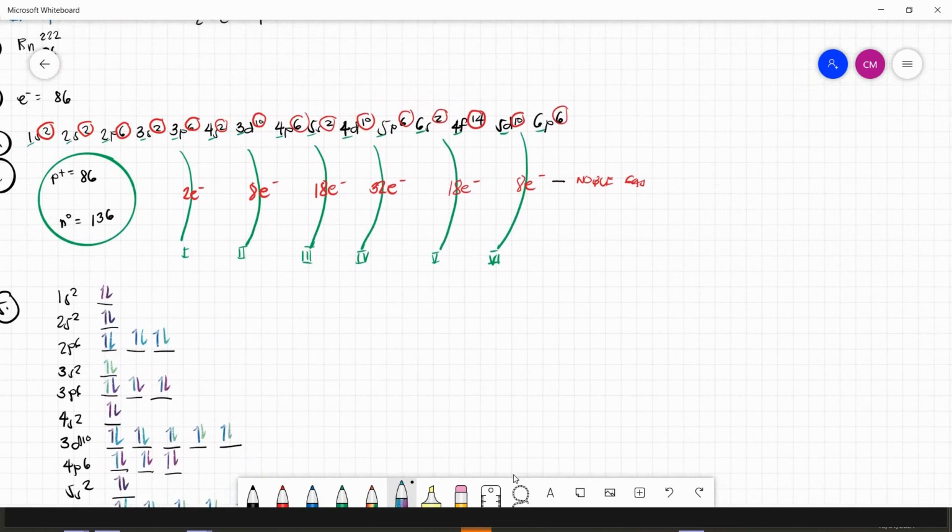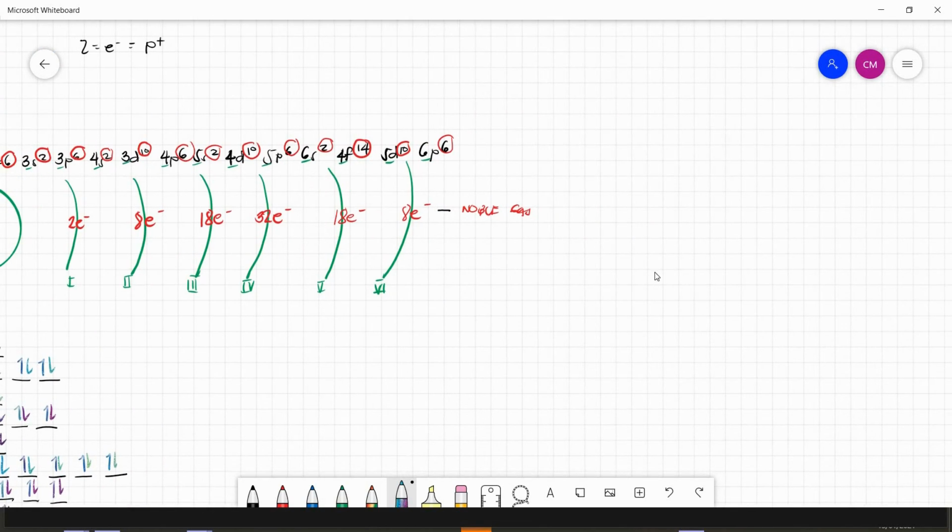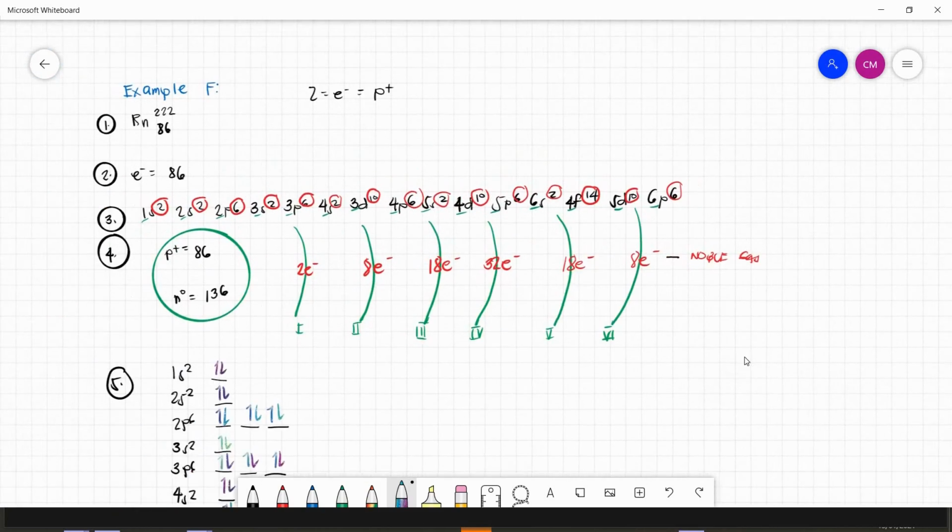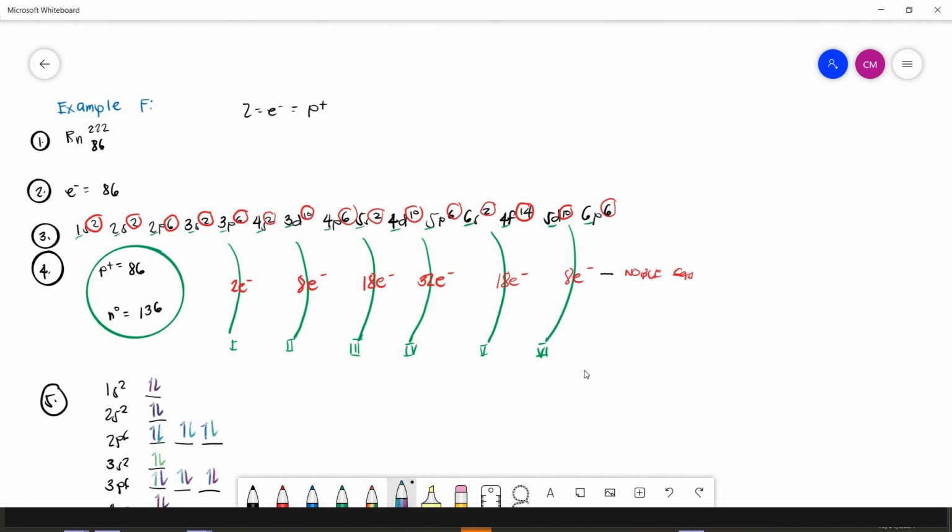Okay, now we move on to step number 6. So for step number 6, we need to have a review again of step number 4. So step number 6 is the Lewis symbol. So how do we do that? We write first the symbol for radon, and then we're going to count how many electrons are in the outermost shell.